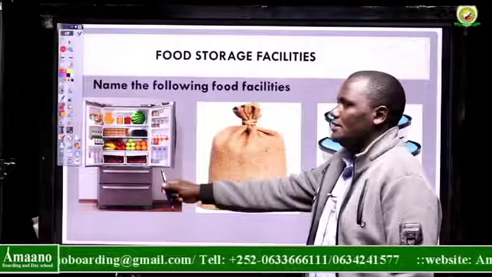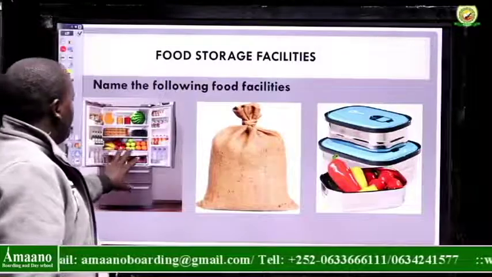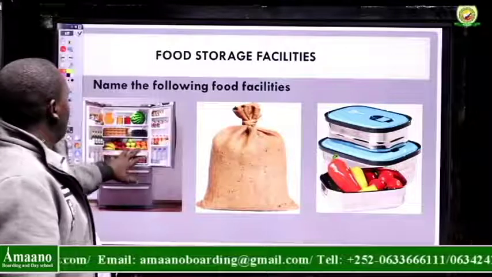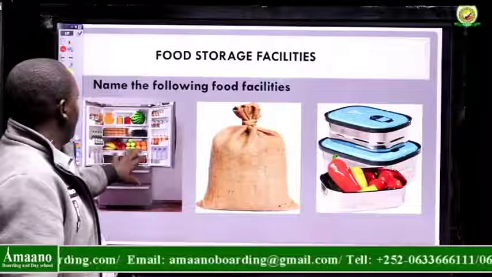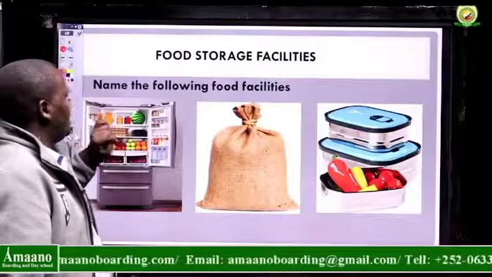The first one, this one we call a fridge. You can see that the fridge has some foods inside. It has fruits, juice, banana, watermelon, eggs. It has many foods inside.